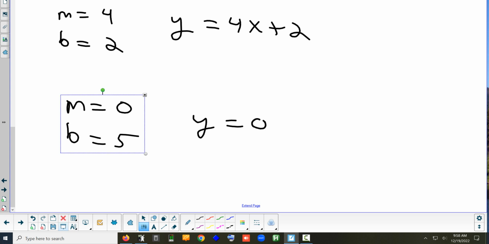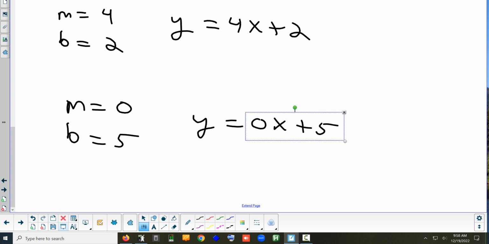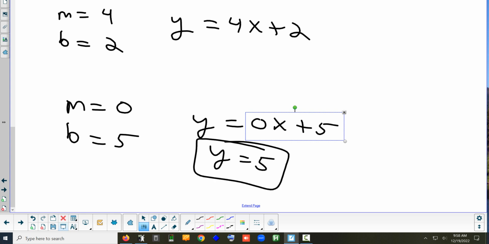Because m is 0, so you could start by putting it like that. But then 0 times anything is 0. And 0 plus 5 is 5. So when the slope is 0, that's kind of like a special case. Okay, questions on that?